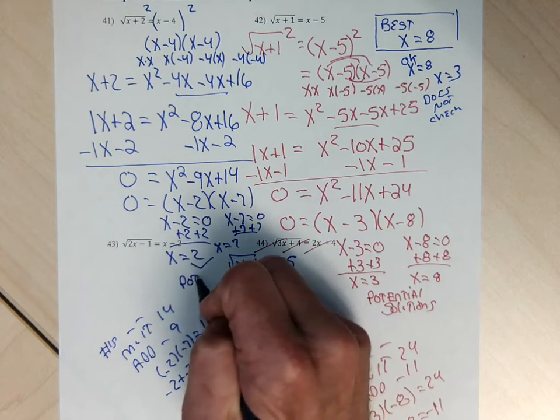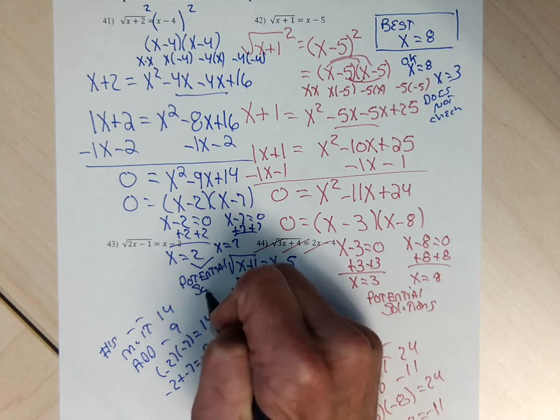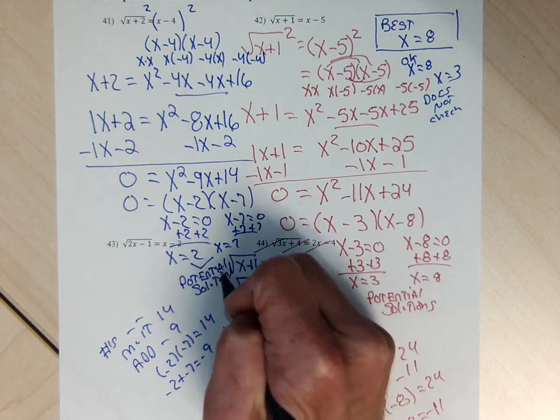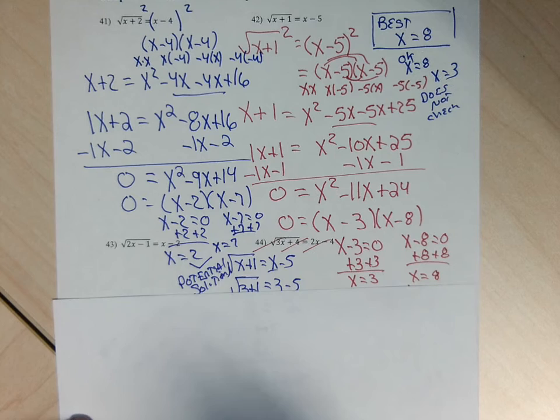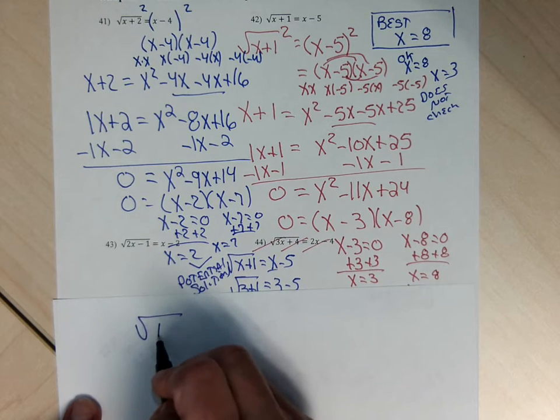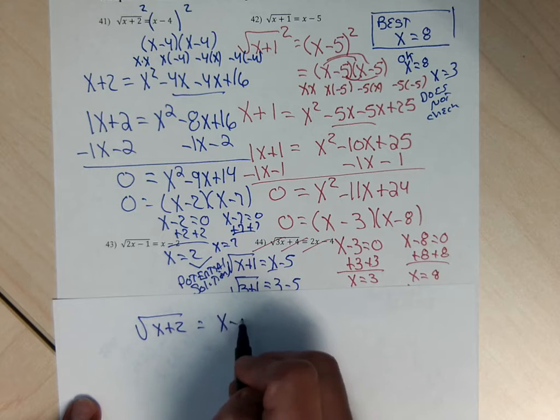Again, those aren't guaranteed to be solutions, and in these problems where I'm solving by factoring, usually the algebra produces 2 solutions, one checks and one doesn't. Theoretically, they both could check. Theoretically, neither could check. I'm kind of shy on room here, so let me do the checking. The original problem in problem 41 is the square root of x plus 2 equals x minus 4.